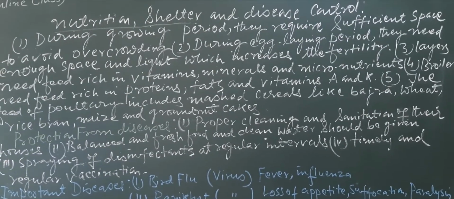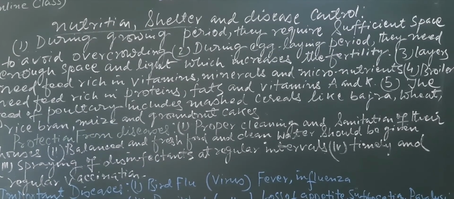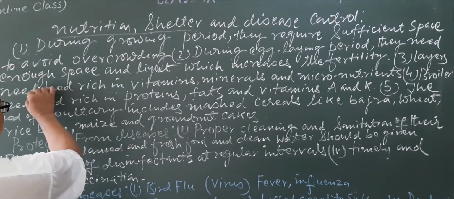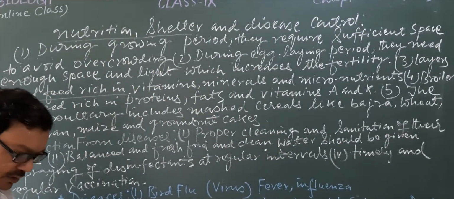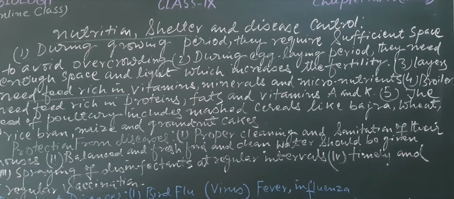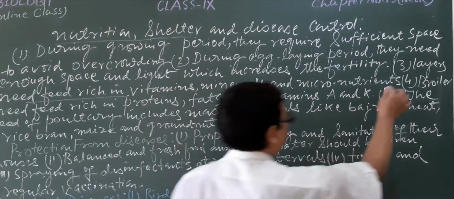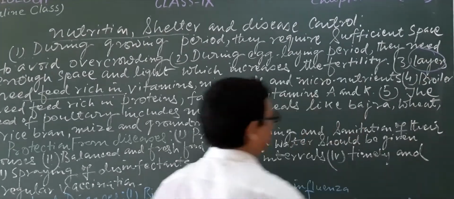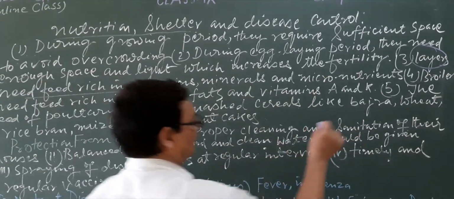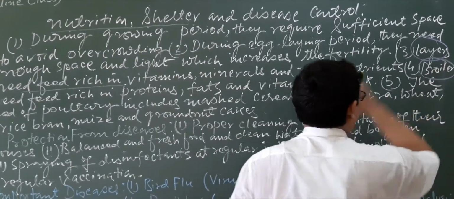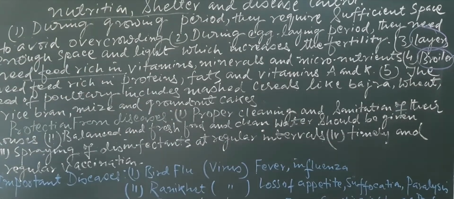Number three, the food requirement is different for the different varieties: the requirement of food for layers and for broilers, both are different.